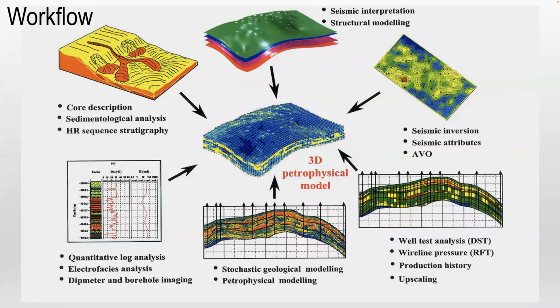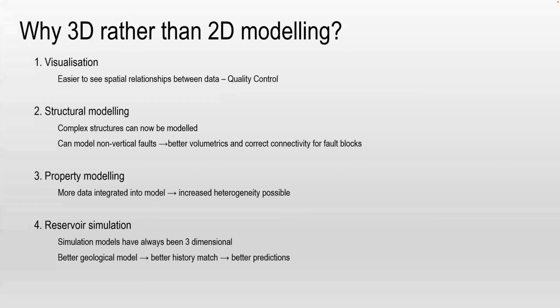Sorry about that. Our preference is a 3D model instead of a 2D model. For example, 30 or 40 years ago, if you look at the publications, you just see 2D models.